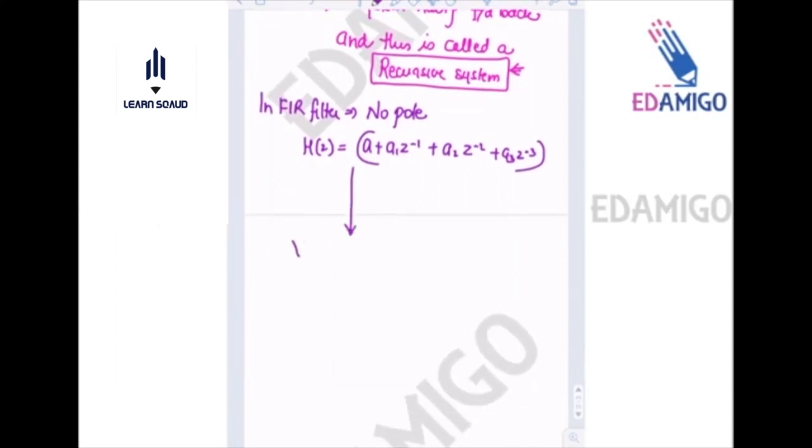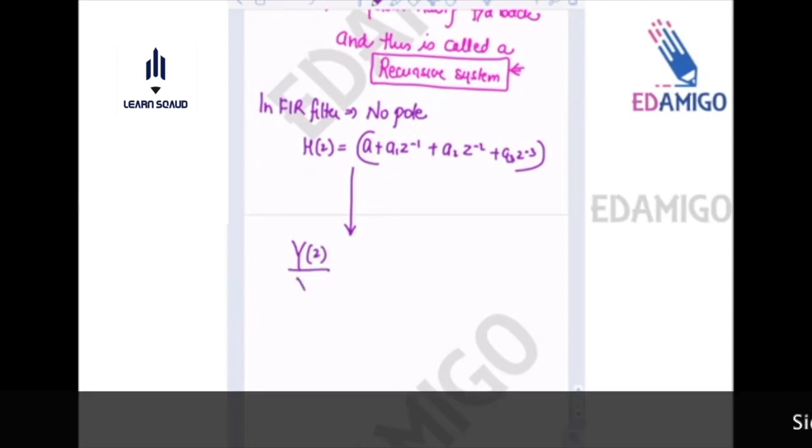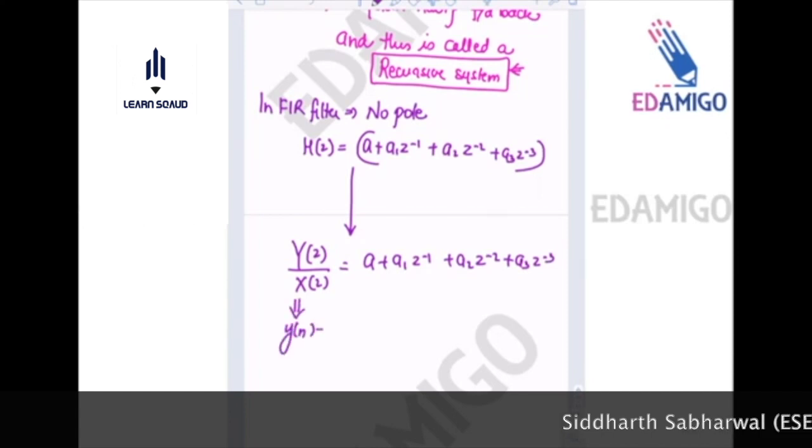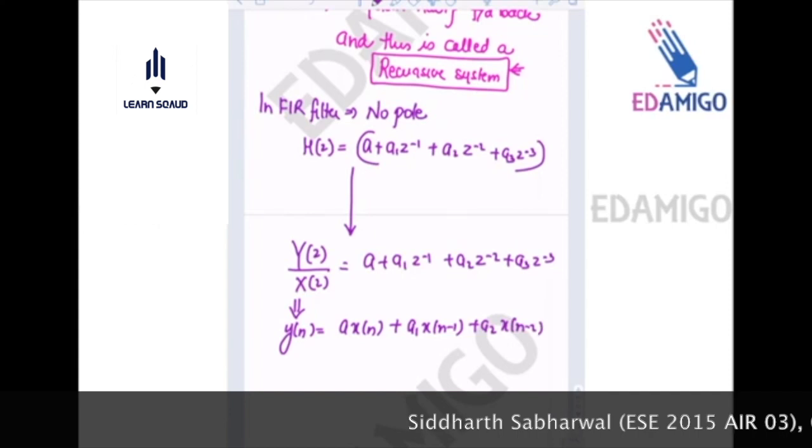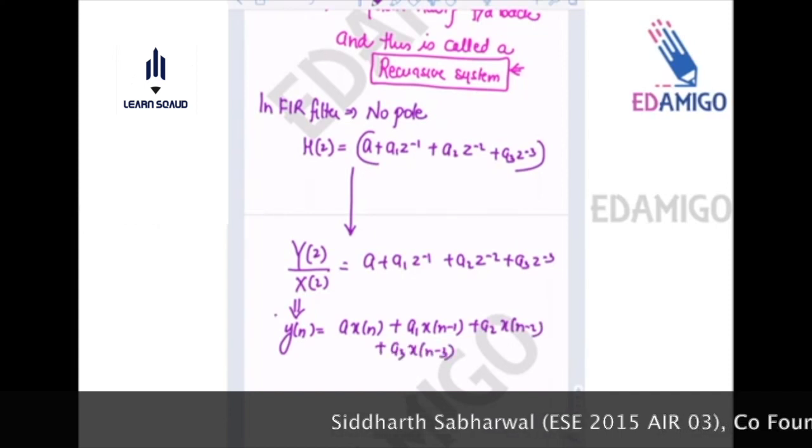So Y(z) upon X(z) is equal to a plus a1 z inverse plus a2 z to the minus 2 plus a3 z to the minus 3, so I can write y[n] is equal to a times x[n] plus a1 times x[n minus 1] plus a2 times x[n minus 2] plus a3 times x[n minus 3].